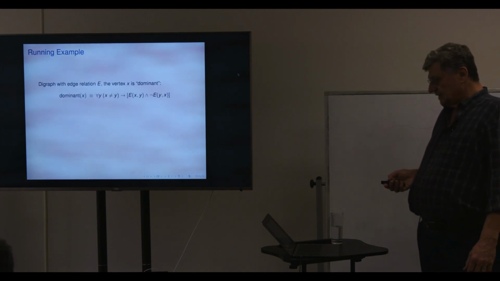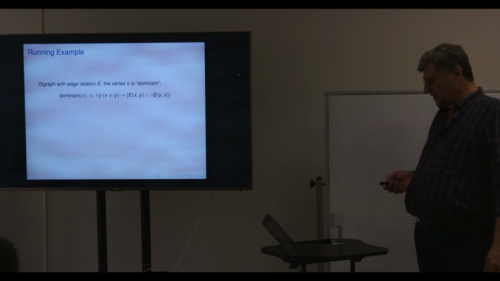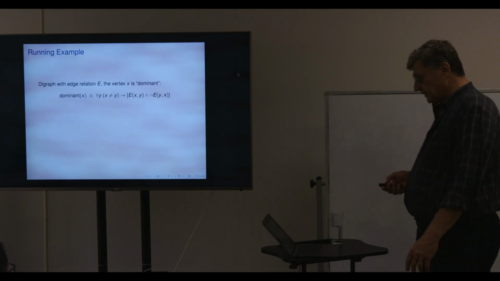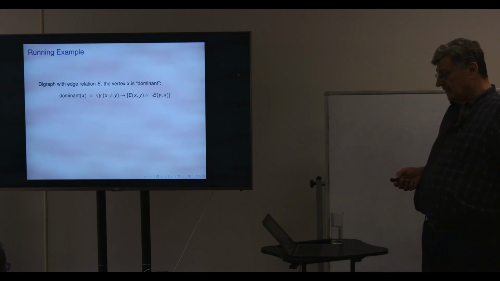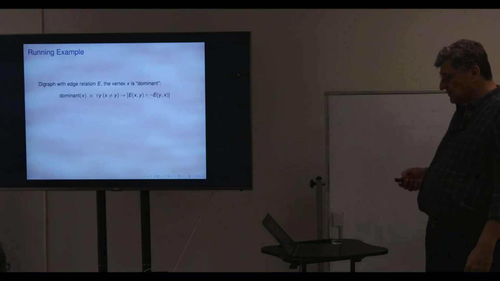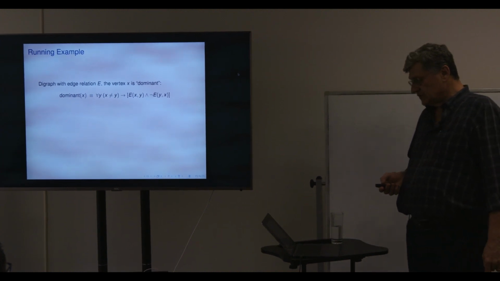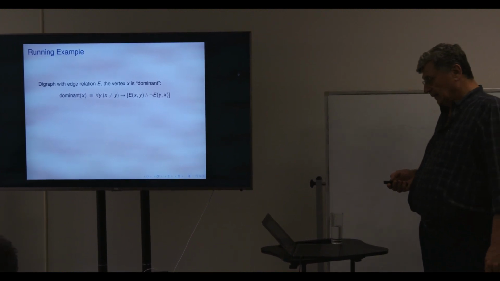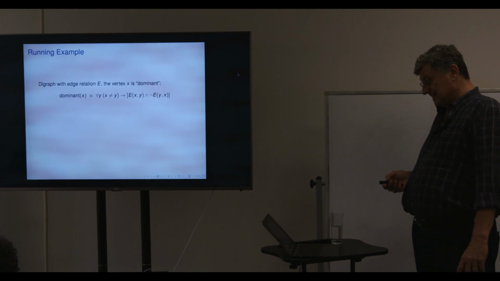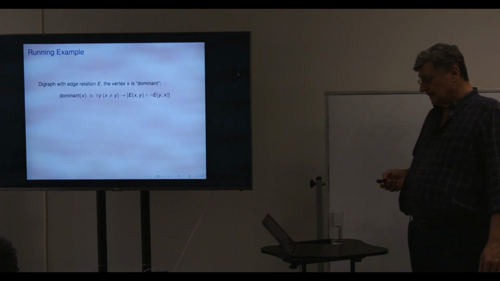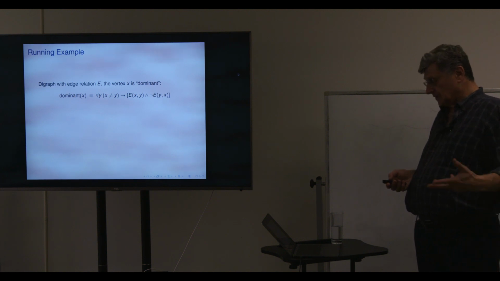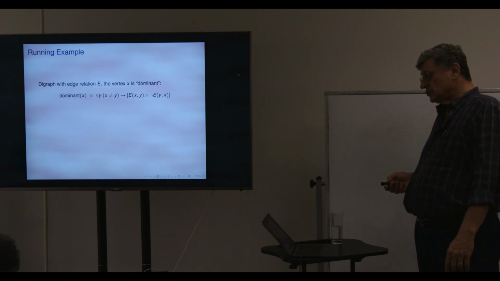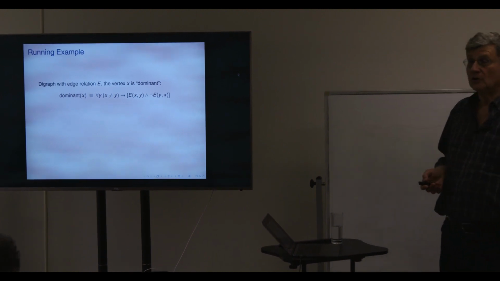So here is the running example. My model is going to be, as usual in finite model theory, a digraph. I'm going to denote by E the edge relation. And I'm going to say that a vertex in the digraph is dominant if for any other, distinct vertex, there is an edge from the dominant one into the other vertex, and there is no edge going from the other vertex into the dominant one.